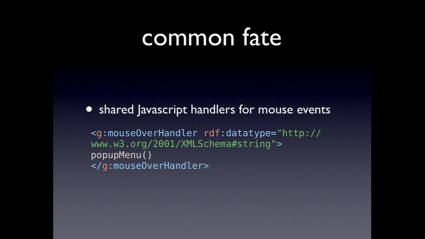Of course, we cannot say in detail what happens, but at least we can say something happens, because there's a JavaScript hook and some event handler attached to it. And we can at least say that the same JavaScript event handler is attached to a particular class of elements. So they share something in common. They have some common fate, and they might belong together, like a navigation menu or whatever.